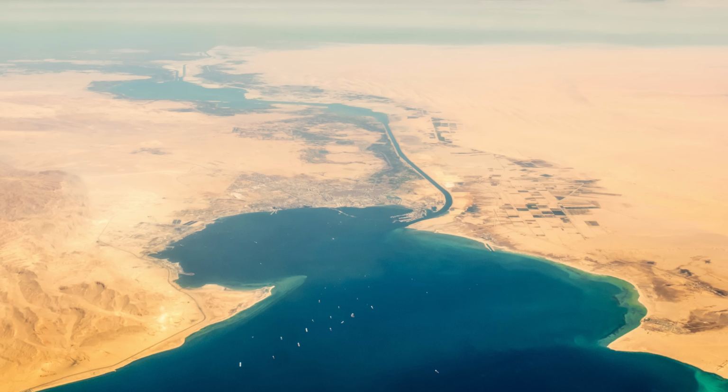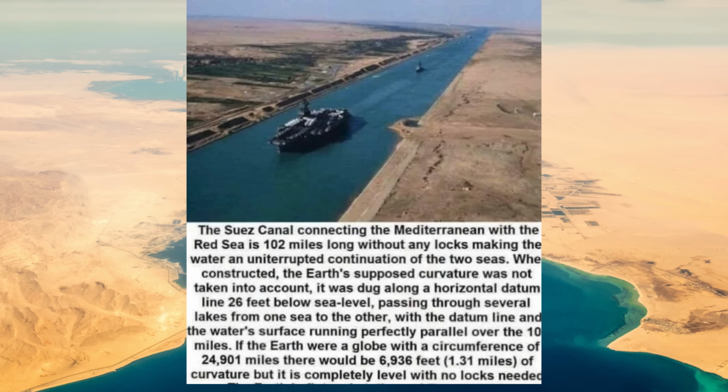The Suez Canal, for example, a really good example, which is connecting the Mediterranean with the Red Sea, is 102 miles long without any locks, making the water an uninterrupted continuation of the two seas. When constructed, the Earth's supposed curvature was not taken into account.